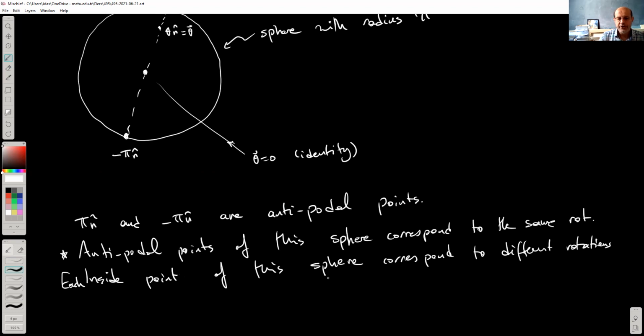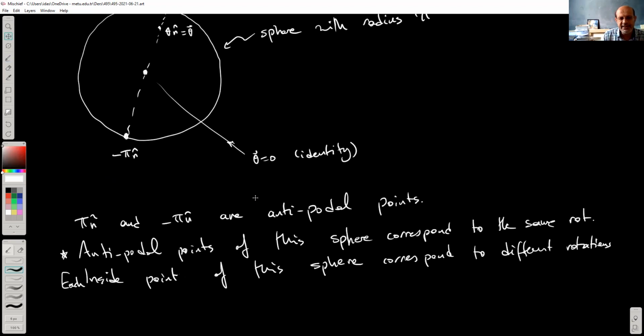Okay. So as a result, this is the manifold representation of SO3. This is kind of complicated. It's actually a sphere, and there is no problem in the inside. It's a problem on the surface.